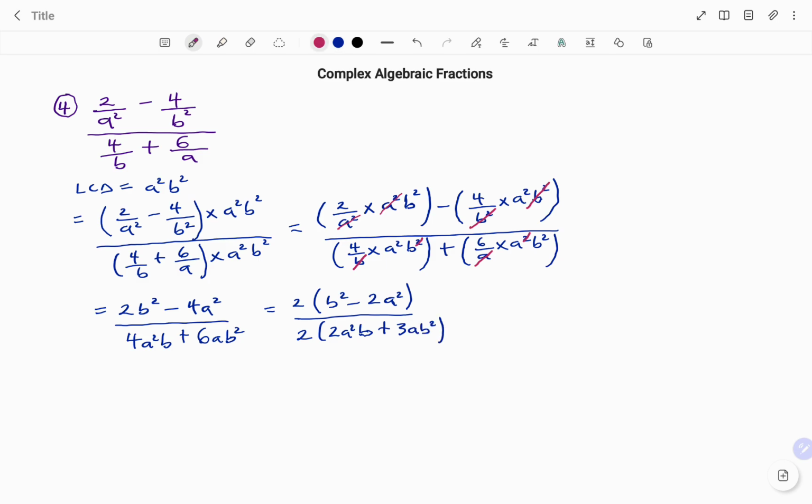The 2 dividing 2, that goes out, and our final answer is b squared minus 2a squared divided by 2a squared b plus 3ab squared.